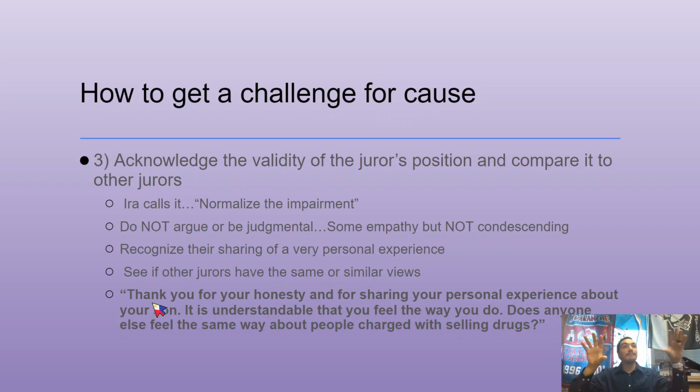Or maybe I'm an alcoholic and I drink a lot of alcohol. It's a problem. I've been to rehab X, Y, and Z, right? And when I was in rehab, I made a lot of friends, and a lot of those friends also had issues with substance abuse, right? And so now we have two people that might get this challenge for cause. We have one guy because of cocaine and one guy because of alcoholism and subsequent rehab programs.